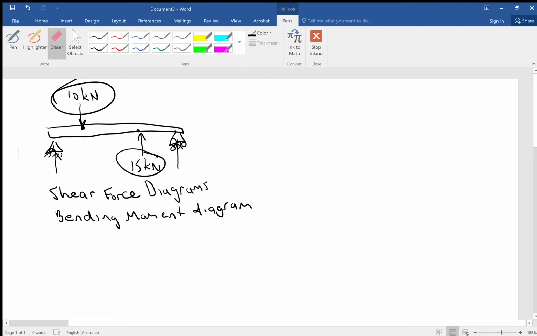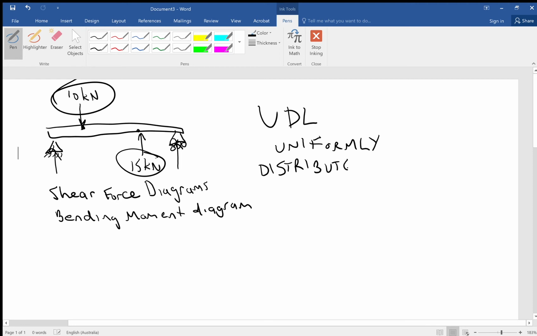So UDL is the acronym for what we've already discussed, which is a uniformly distributed load.